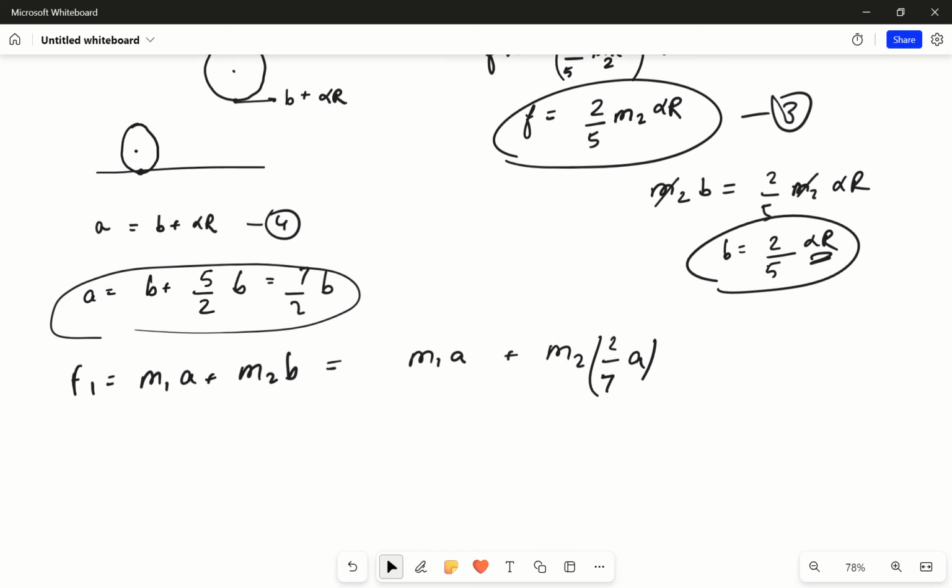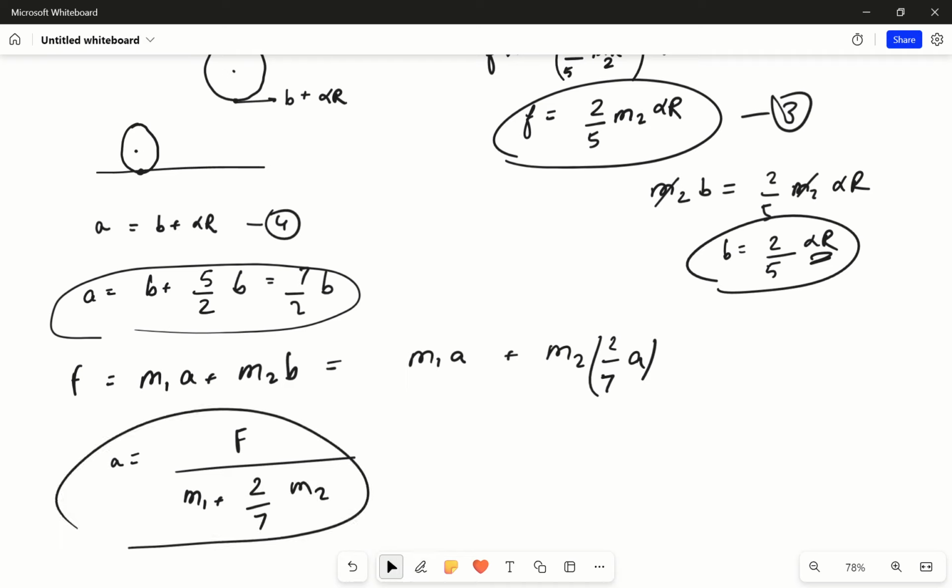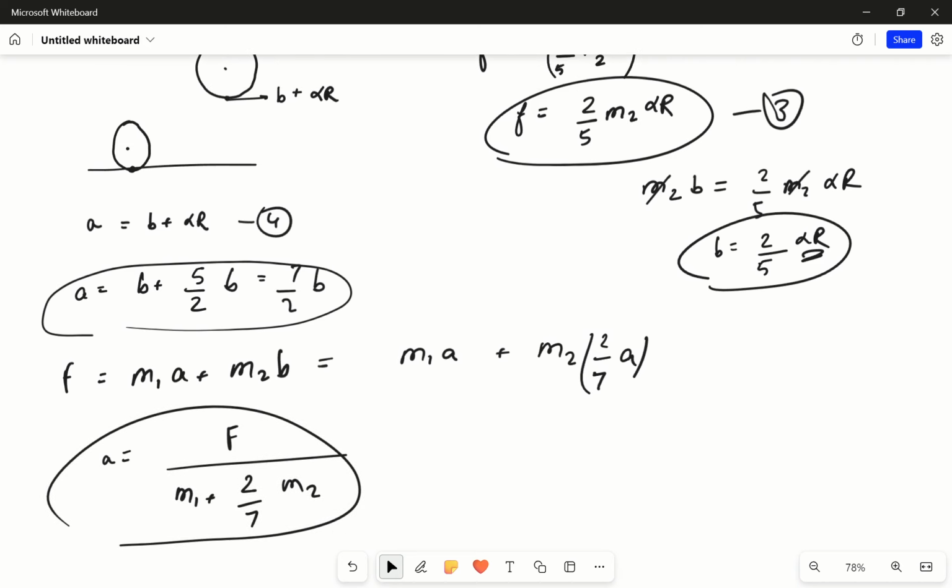So from here we can write a is equal to F upon m1 plus 2 by 7 m2. This is the value of a, and similarly we can find the value of b.